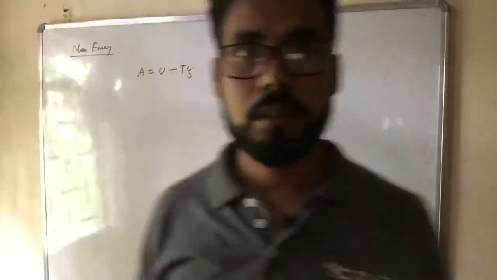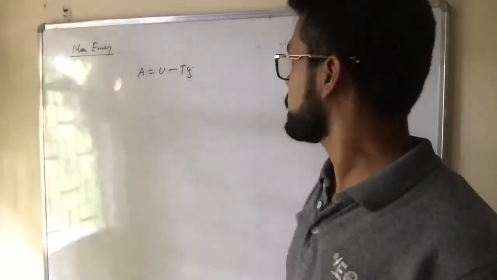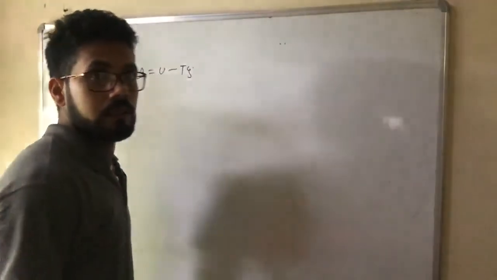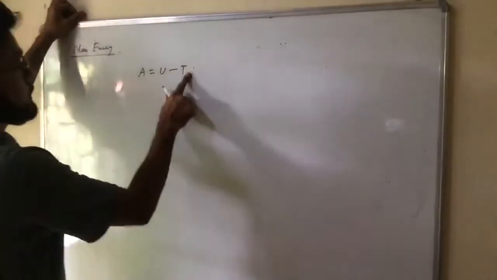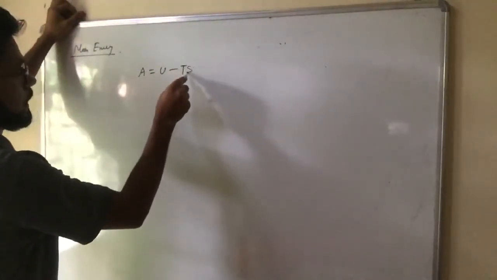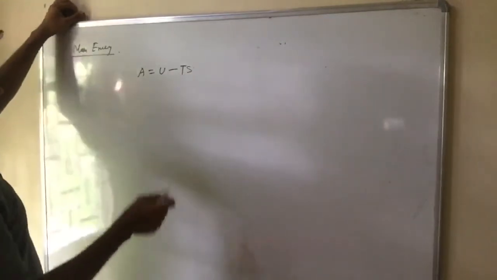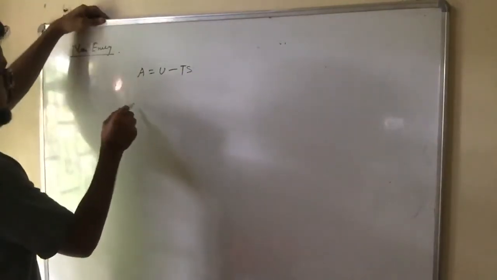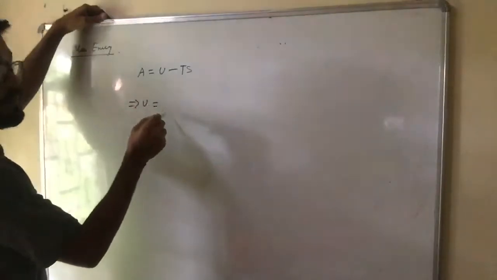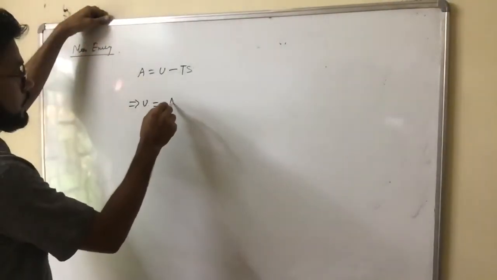I hope it is visible. So U minus TS, I am not writing the U term every time because it's not necessary. So mean energy U is equal to A plus TS.